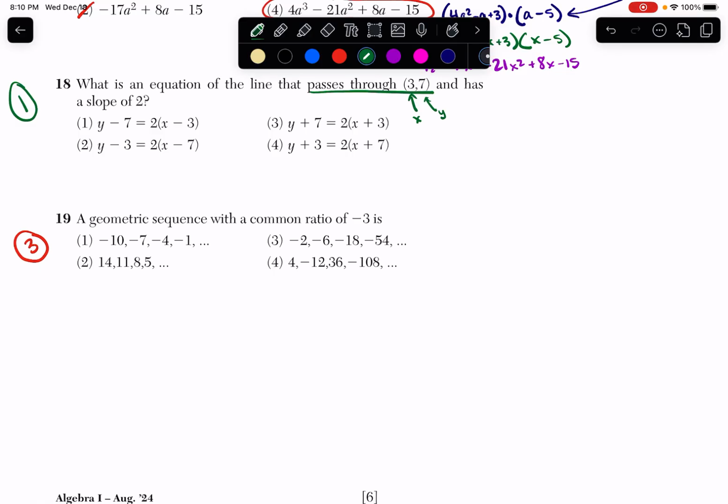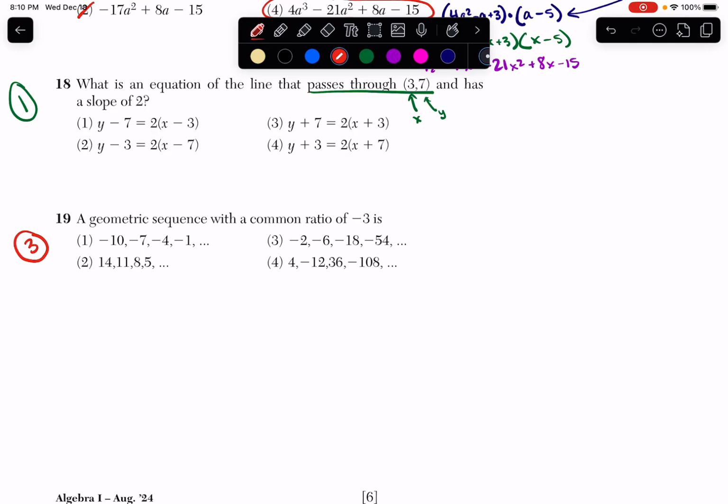So even if I don't worry about the slope yet, all I need to do is plug in 3 for x and 7 for y and find out which of these equations is true when I use those values. If it's not true when x is 3 and y is 7, then it does not pass through that point.